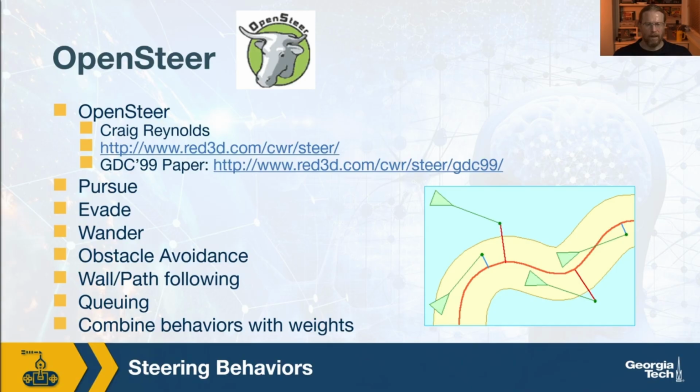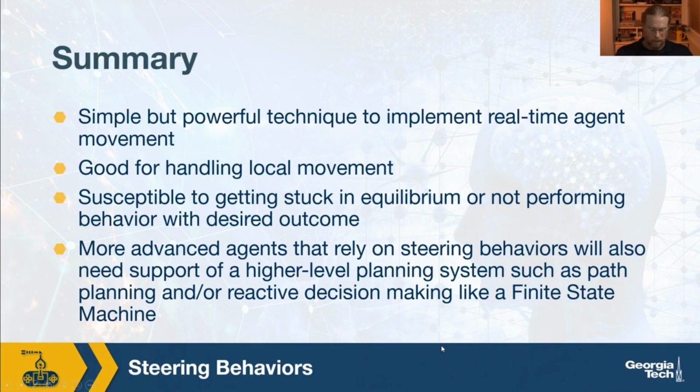So I'm going to demonstrate this code real quick. Let me set this up, switch out from PowerPoint over to OpenSteer. So this is just a compiled version of the OpenSteer project.